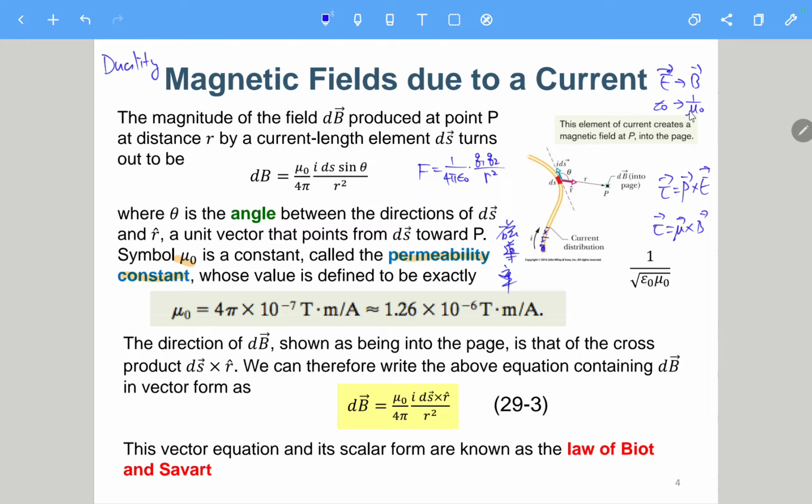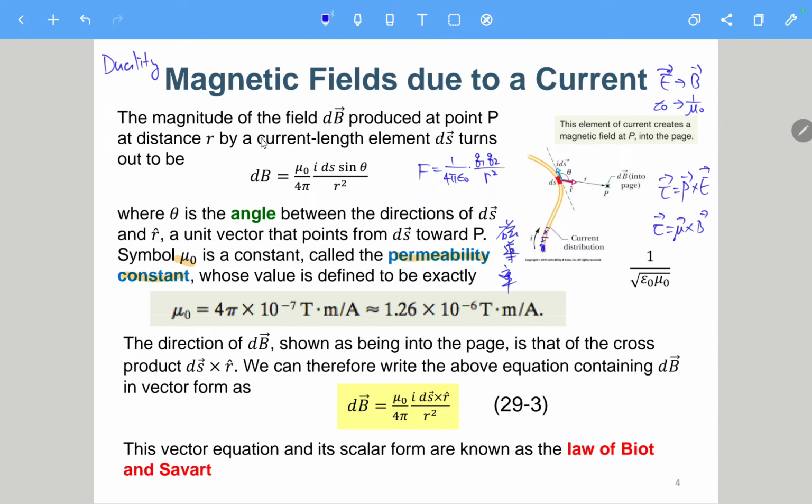Similar to epsilon naught, it usually does not occur independently. Usually it occurs like 1 over 4 pi epsilon naught as k. For mu naught, it also occurs like mu naught over 4 pi.